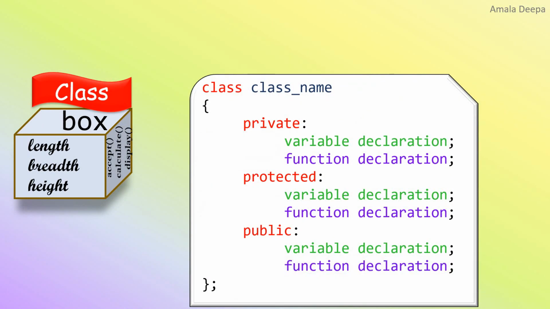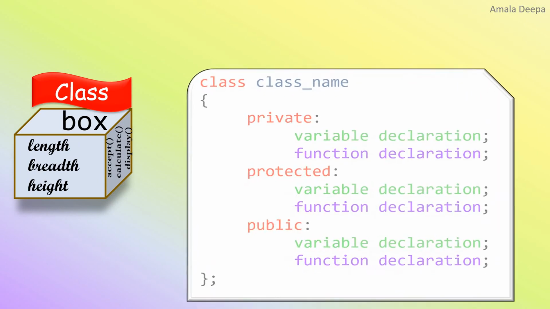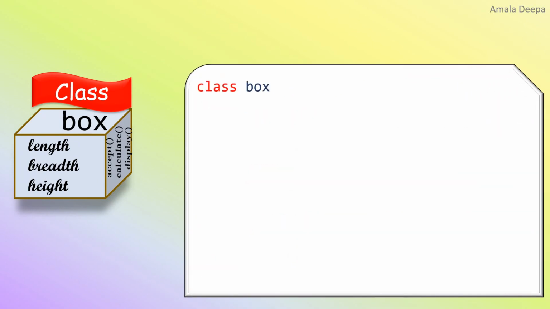Using this syntax of class declaration, let us now write an example. Class box followed by body of the class and then ended with semicolon. Class is the keyword to be used and box is the class name.